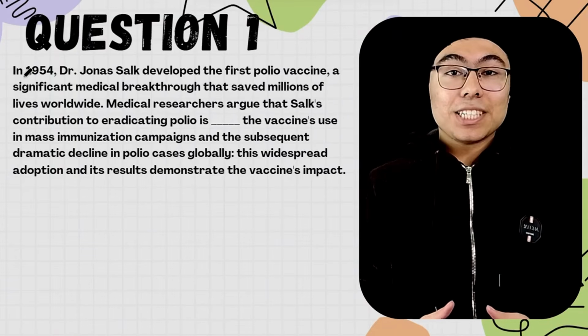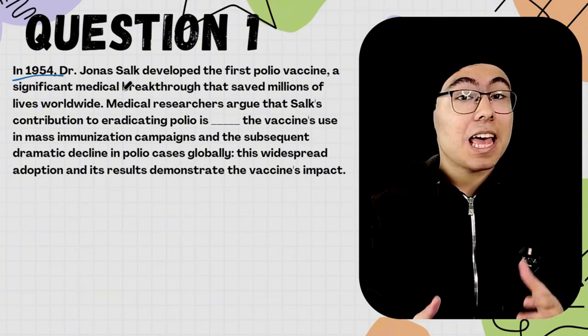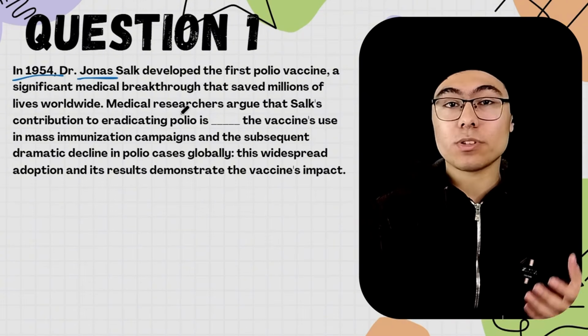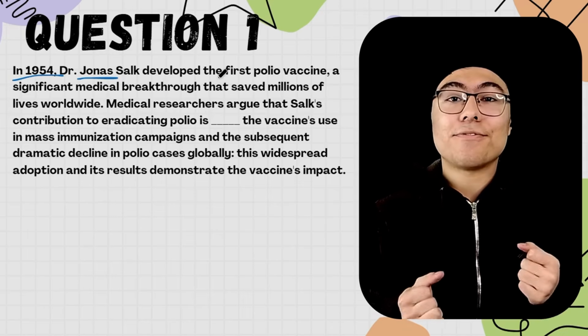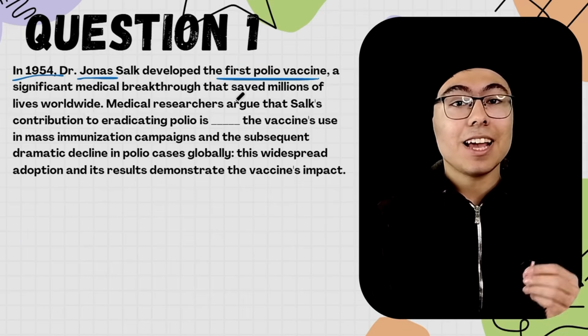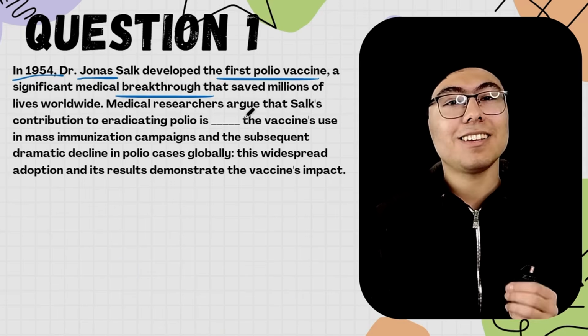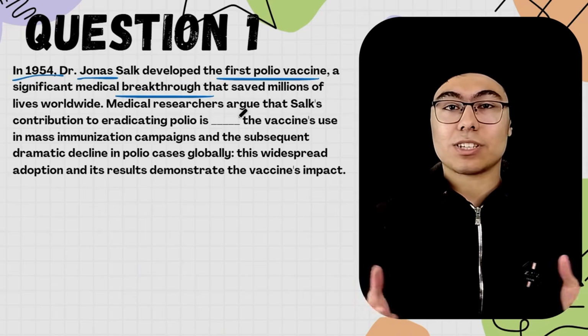In 1954, something happened that changed the world forever. A man named Dr. Jonas Salk developed the first polio vaccine, a single discovery, a single breakthrough. Millions of lives were saved.